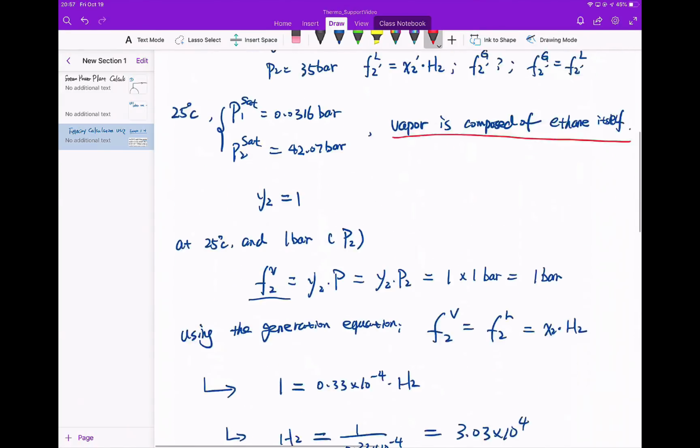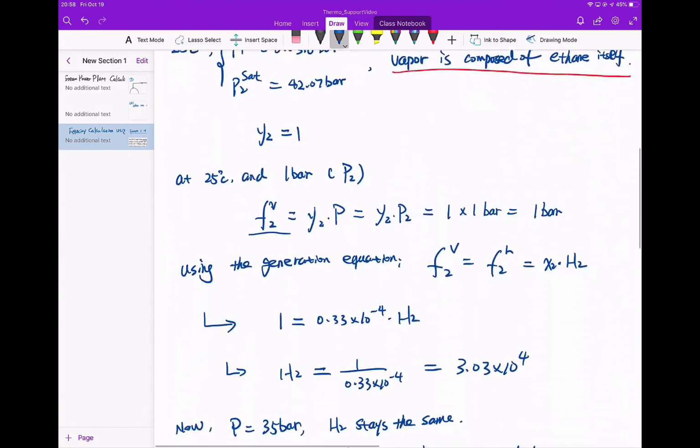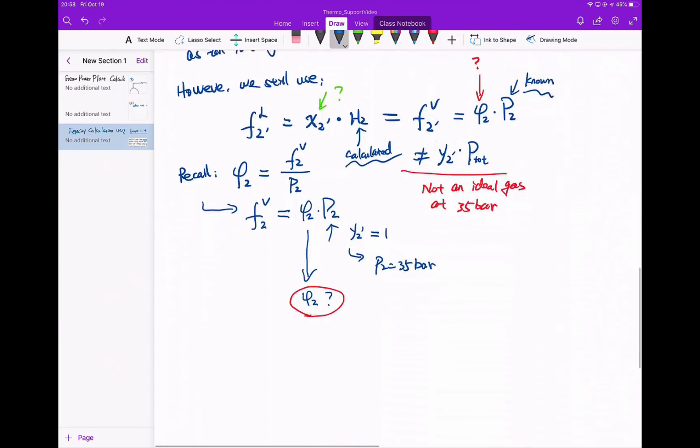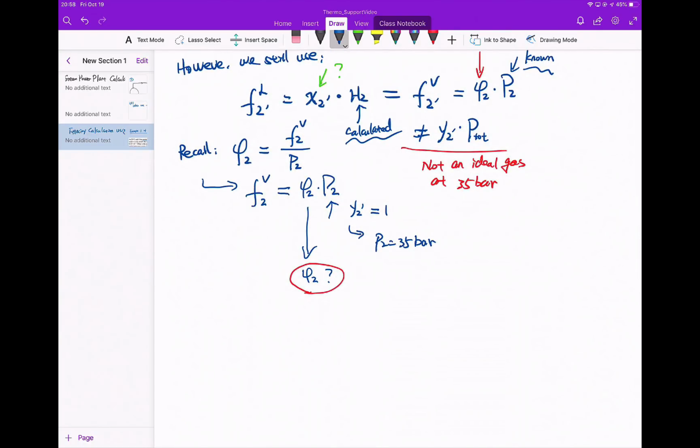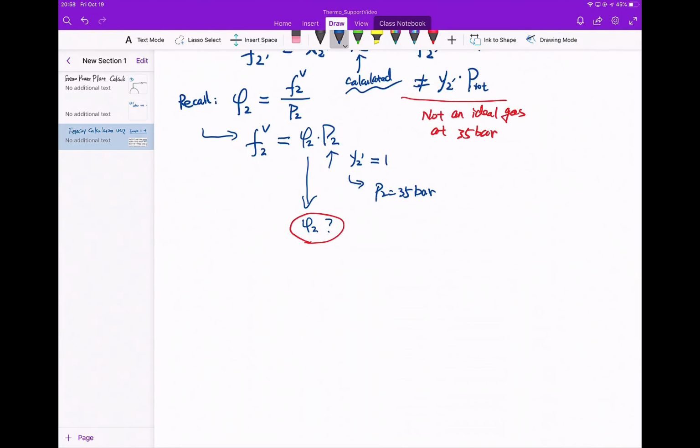Now when you check the problem statement, we are still having this z as a function of pressure. We have not used this equation. And that year of the exam, we provide the supporting equation for the general fugacity calculation. And the equation we are going to use is based on this equation.